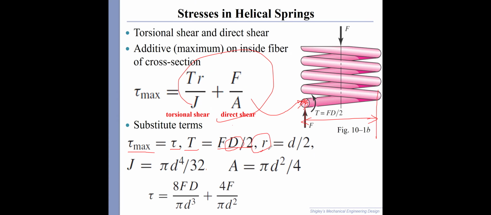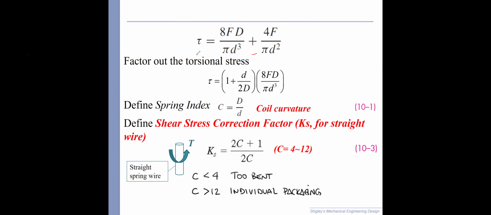We rearrange this shear stress that we already derived from the previous slide, and factor out this torsional stress. We can rearrange the parameters, which is 1 plus d over 2 capital D. As I mentioned, the capital D represents the mean diameter of the spring, and the lowercase d represents the wire diameter.